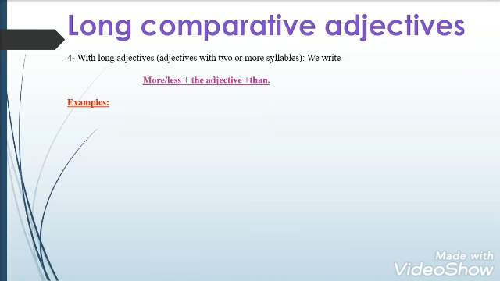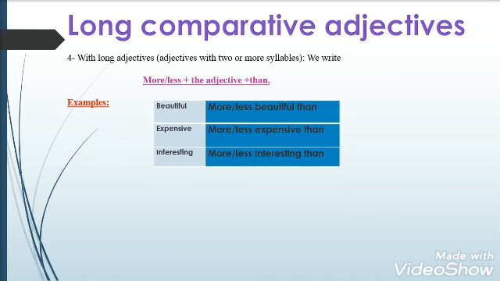Okay, pay attention to the examples please. Beautiful: I would write more or less beautiful than. Expensive: more or less expensive than. I didn't add ER, I just added more or less before the adjective.